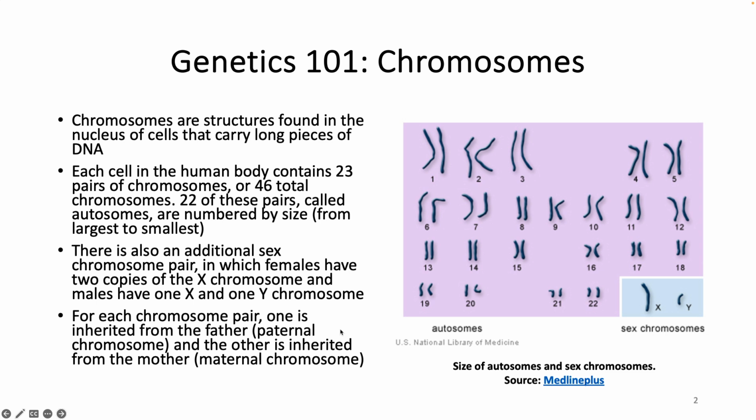All right, so for each chromosome pair, one of them is inherited from the father, and we call that a paternal chromosome, and the other is inherited from the mother, and we call that the maternal chromosome. So across all the autosomes, and also for the sex chromosomes, you will get one chromosome from the father, one chromosome from the mother.